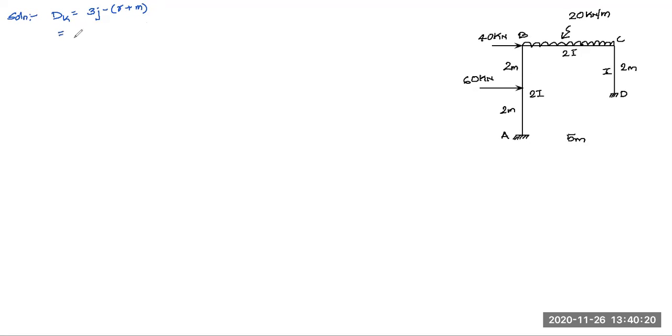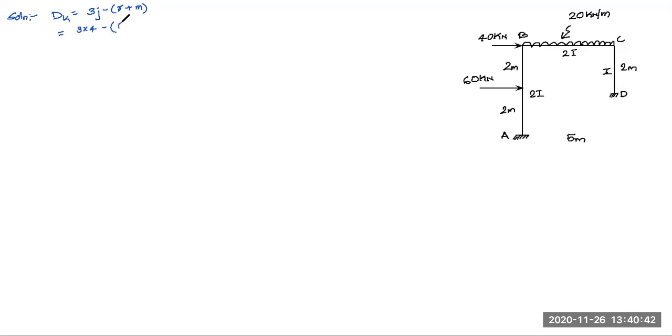So how much does it come out to? 3 into 4, that is 12, for our 4 joints, minus total reactions, which are 3 plus 3, 6.